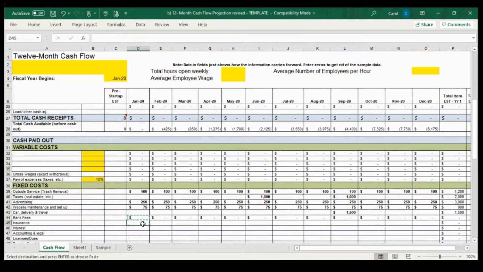Okay. Insurance. You're going to have a lot of different types of insurance probably associated with your business. If you have a building, you're going to have building insurance. If you have vehicles, you'll have vehicle insurance. You'll typically have general liability insurance, which means if someone comes to your business and falls down or eats something that makes them sick and they decide to sue you, then that insurance is there to cover you.